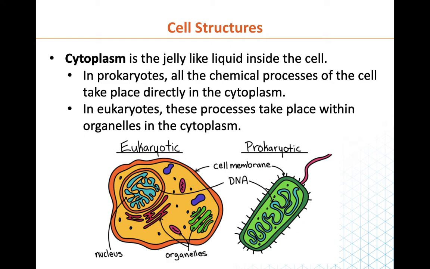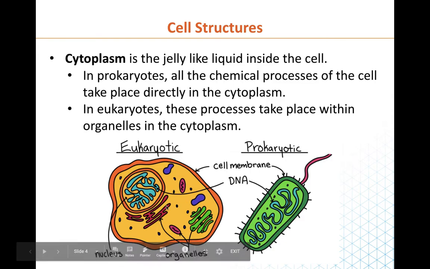You're going to find it in prokaryotic cells and eukaryotic cells, and under eukaryotic cells, plant cells and animal cells and everything. For you to be considered a cell, you need to have cytoplasm inside of your cell membrane, okay?